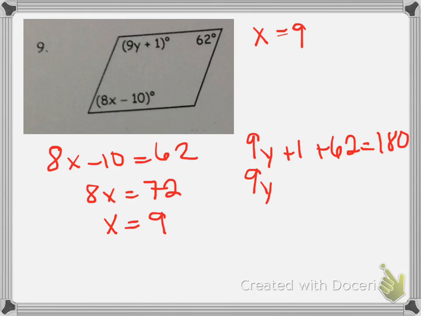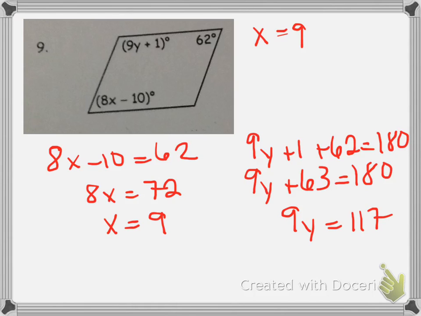So 9y plus 63 equals 180. If I subtract 63 from both sides, I get 117, and then 117 divided by 9, y is equal to 13. So y is equal to 13.